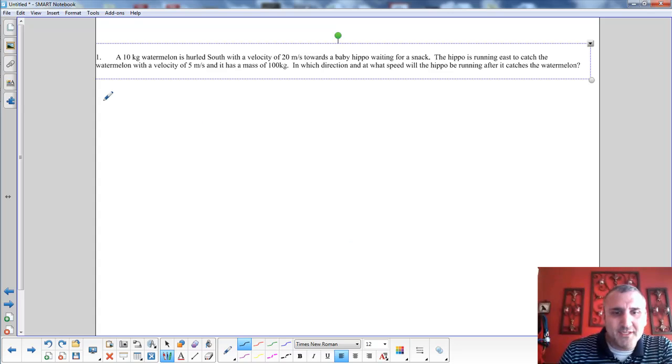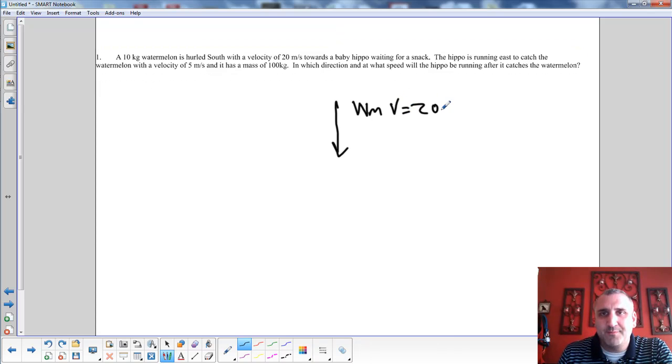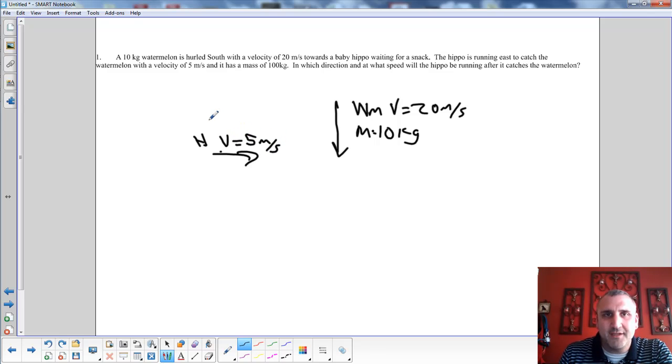Number 6 on the sheet that I gave you is that a 10 kilogram watermelon is hurled to the south with a velocity of 20 meters per second. So we've got a watermelon, W, where the velocity is 20 meters per second and its mass is 10 kilograms, and it's going towards a baby hippopotamus that is running this way, so we're going to have an H for hippo, and its velocity is 5 meters per second and its mass is 100 kilograms.